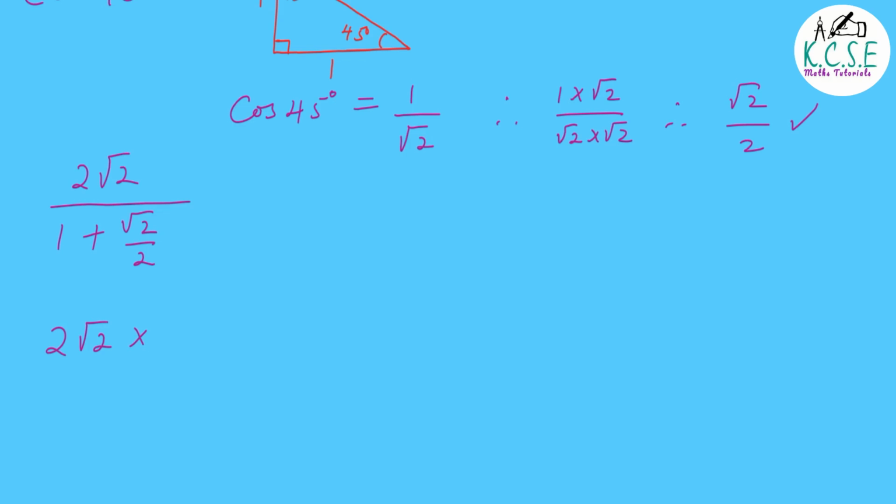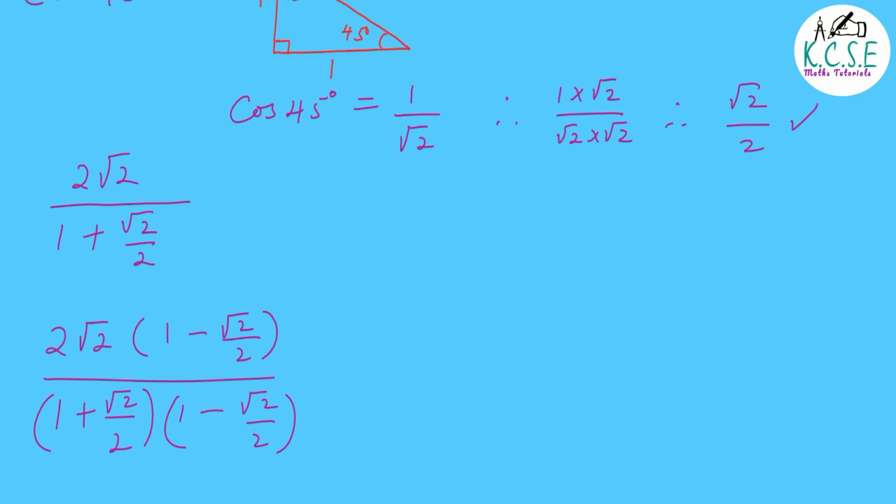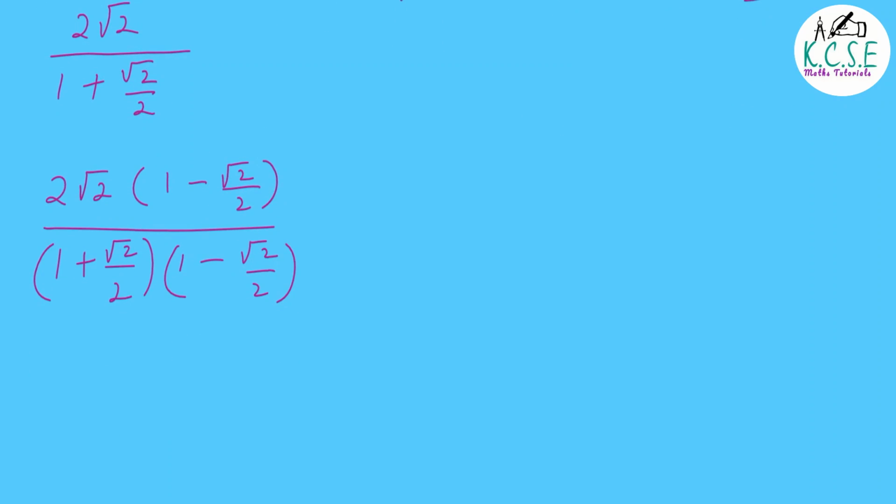Multiply this one by the conjugate of the denominator, which is 1 minus root 2 over 2. Then for the denominator we have 1 plus root 2 over 2, multiplied by the conjugate, this is 1 minus root 2 by 2. That is right.